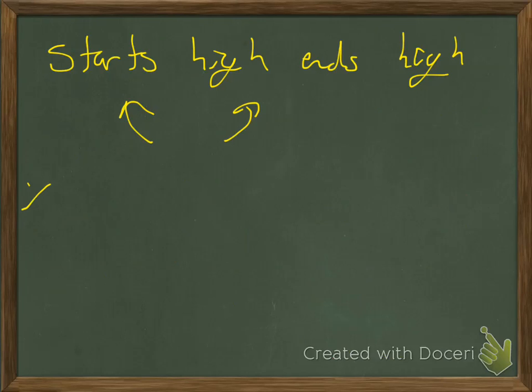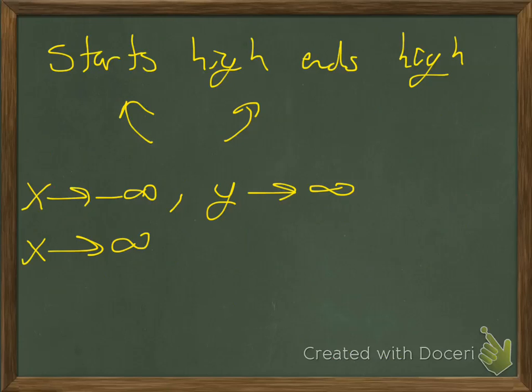Okay, so that's what it looks like. As x goes to negative infinity, the y is getting very big and positive, so y is approaching positive infinity. And as x approaches positive infinity, the y is also going to positive infinity. Okay. So we're looking for this notation in terms of your communication of what's going on. But these little arrows right here can kind of help you figure things out.